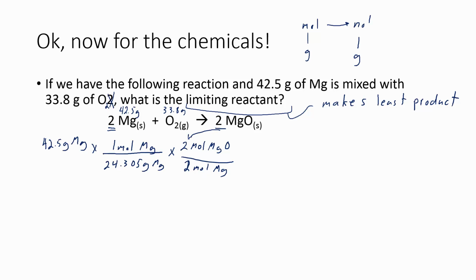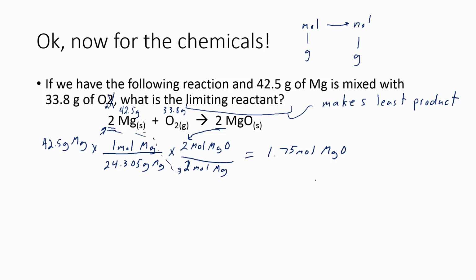So I got this 2 from there and the other 2 from here. Just taking the coefficients. So the 42.5 grams of magnesium can make us a possible 1.75 moles of magnesium oxide.